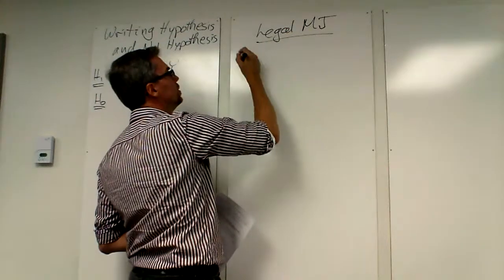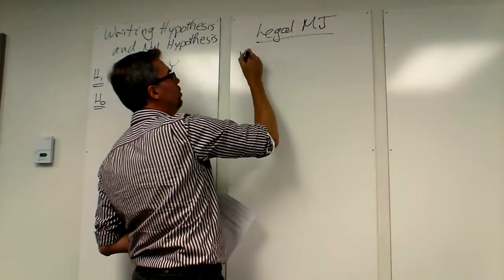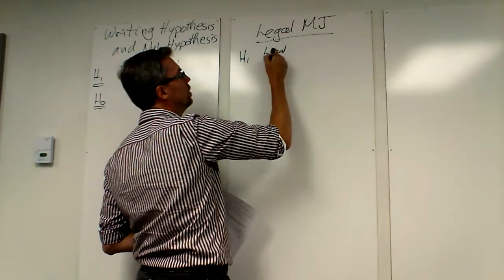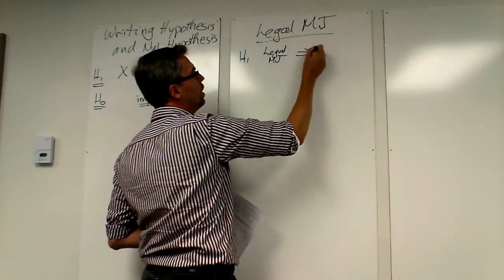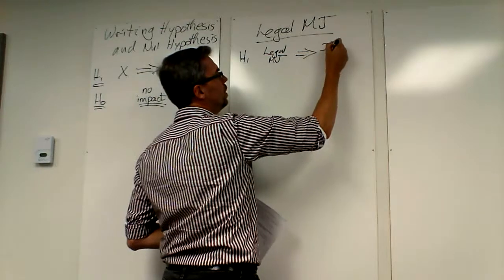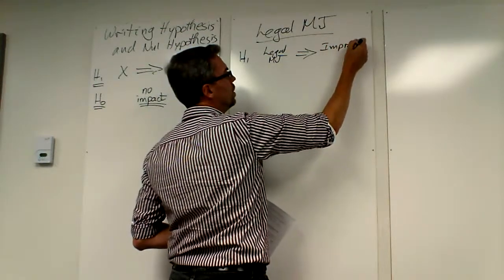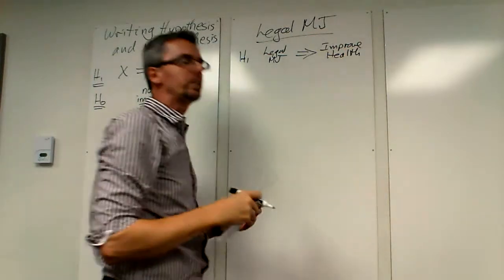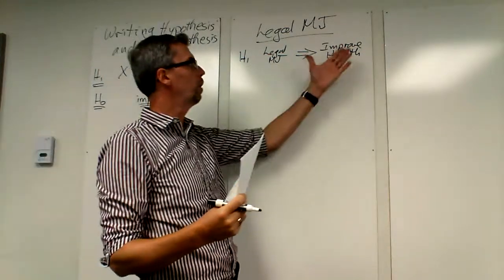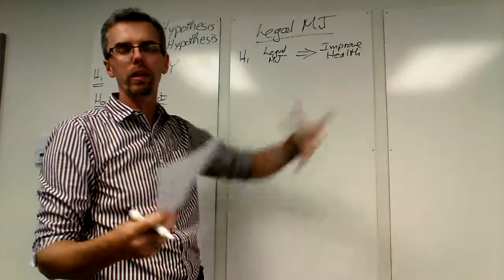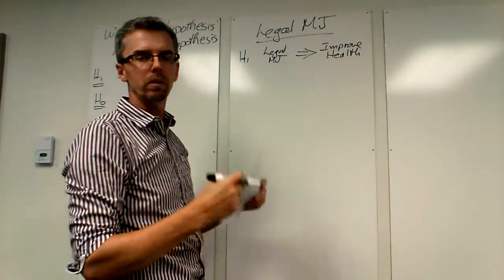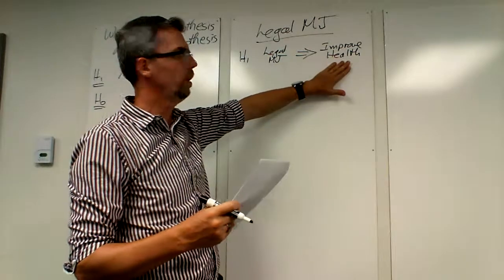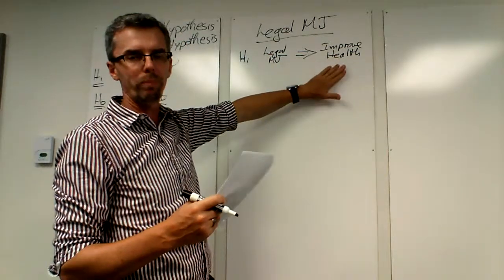One hypothesis, H1, is that if you legalize marijuana, it will improve a sense of health. So people who are not having very much luck with other traditional medicinal pharmaceuticals will have an overall improved sense of health because of medical marijuana.